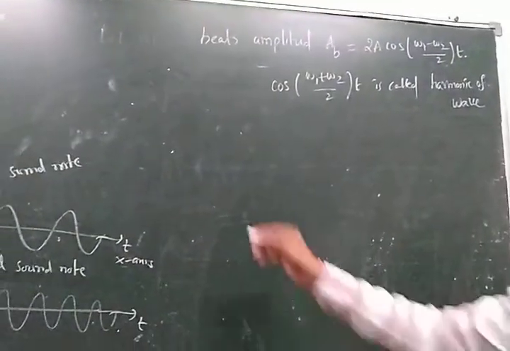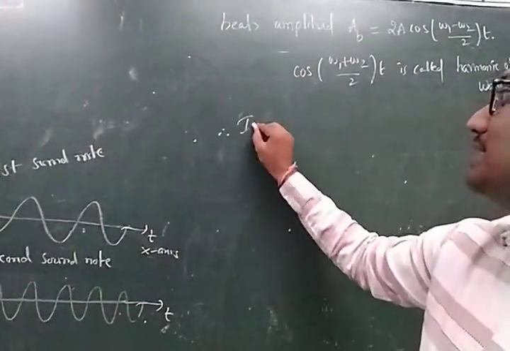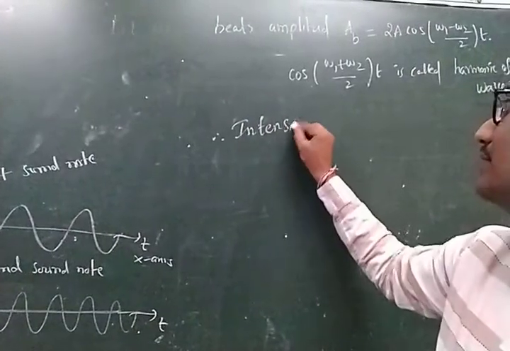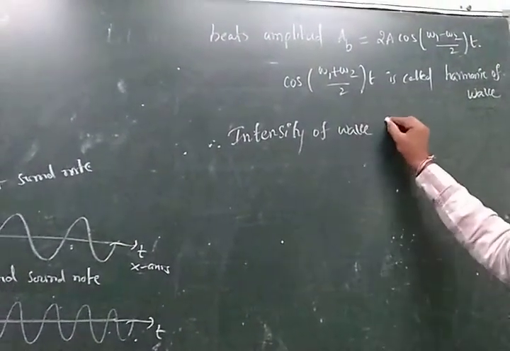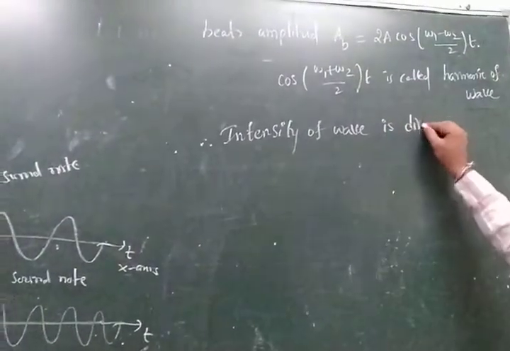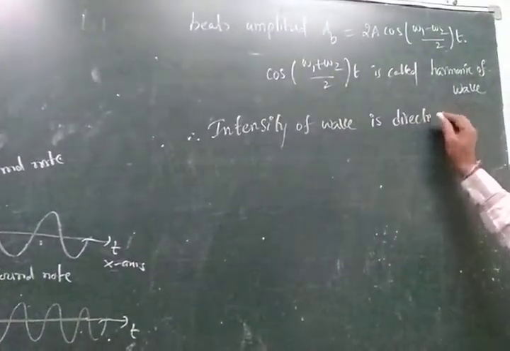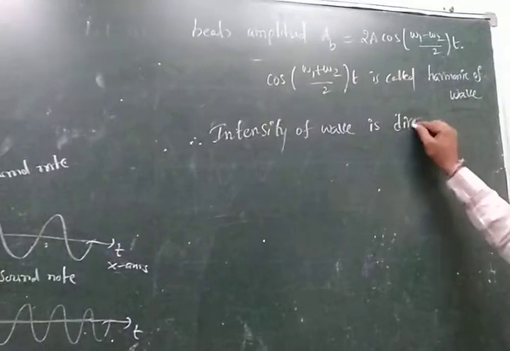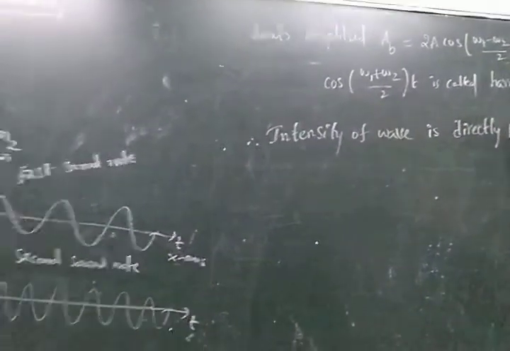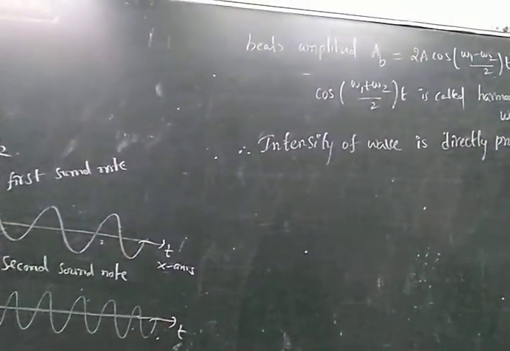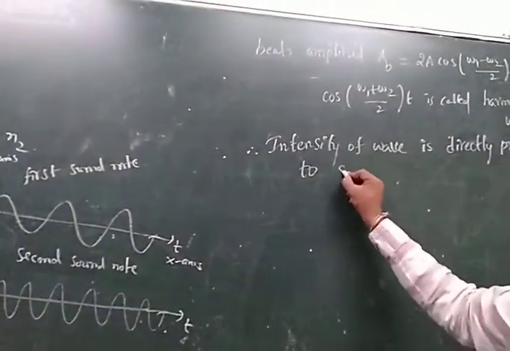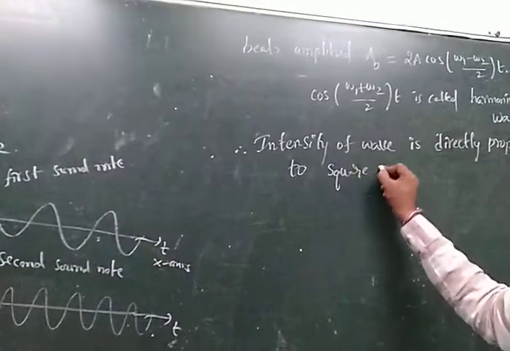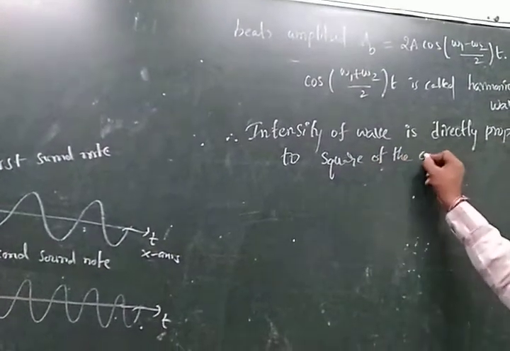Now here, therefore, the intensity of a wave is directly proportional to the square of the amplitude.